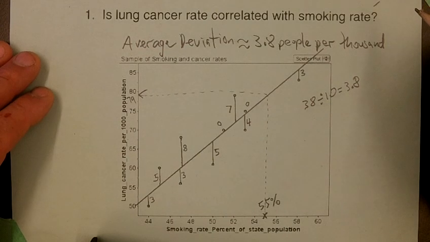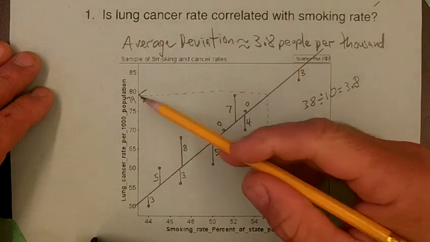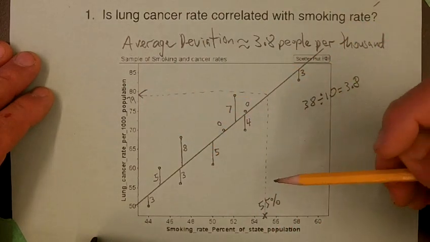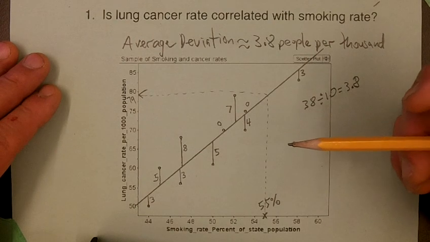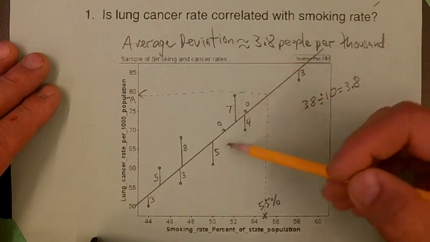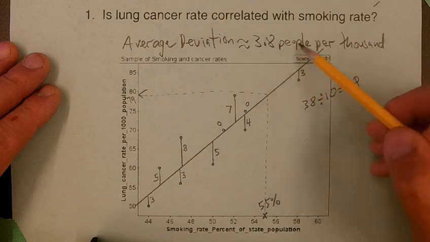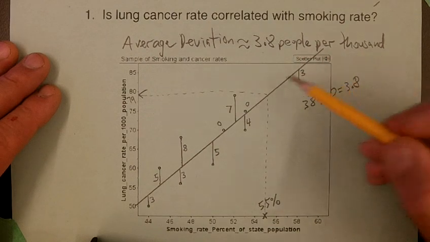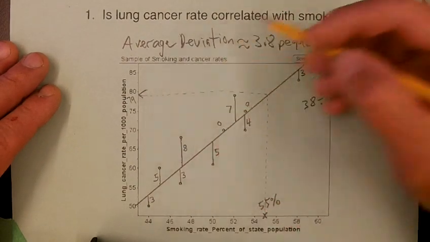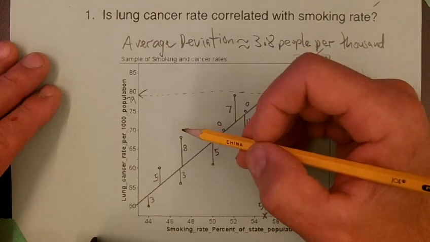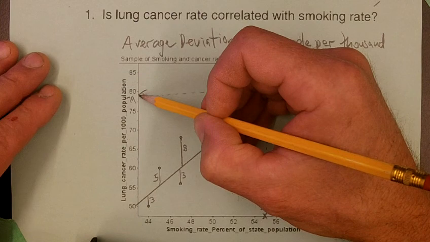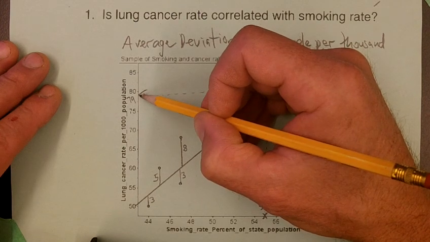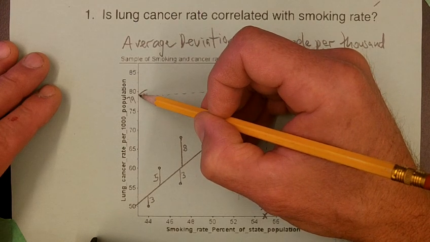And then we ask ourselves, okay, really exactly 79? Can we say that with confidence? No, but we can give a range. If the average distance from this best fit model is 3.8 people per thousand, that means that the actual number, let's call this 4 just to make the math easier, could be as easily 79 as it could be 4 more than 79.